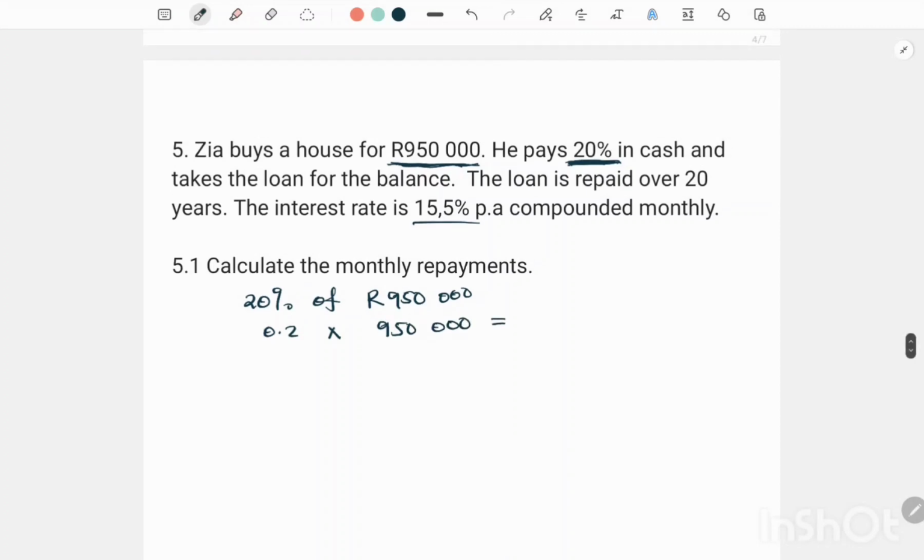Then you get 190,000. This is what he paid in cash.